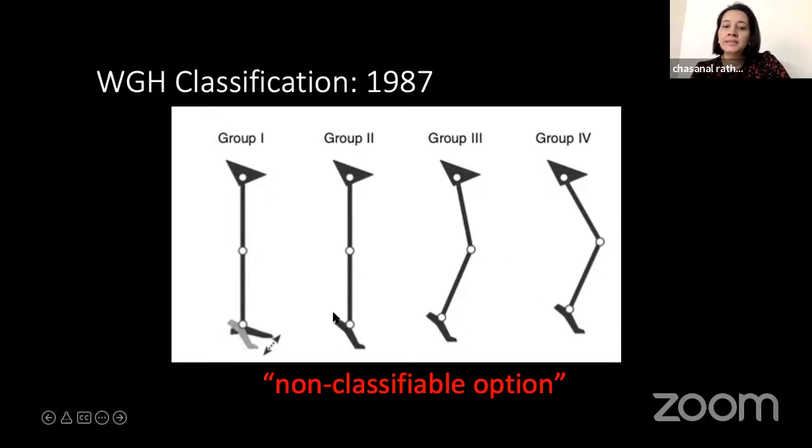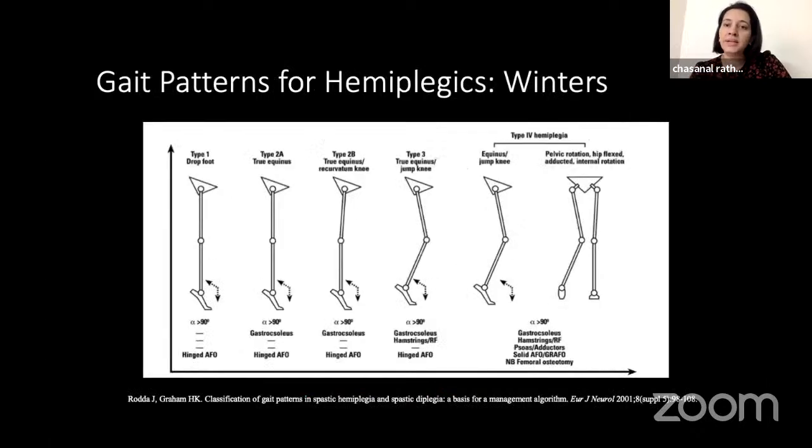But then there were some situations where they had non-classifiable options. And then more and more detailed studies were done. And this classification was explained much more in detail by Professor Graham and Gill Rodda. And now we know that we have two different clinical gait patterns, for hemiplegics and for diplegics.